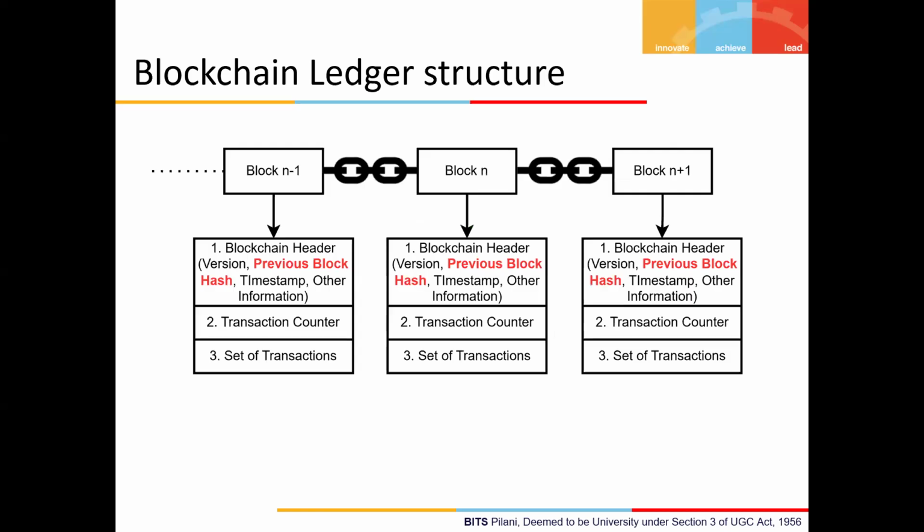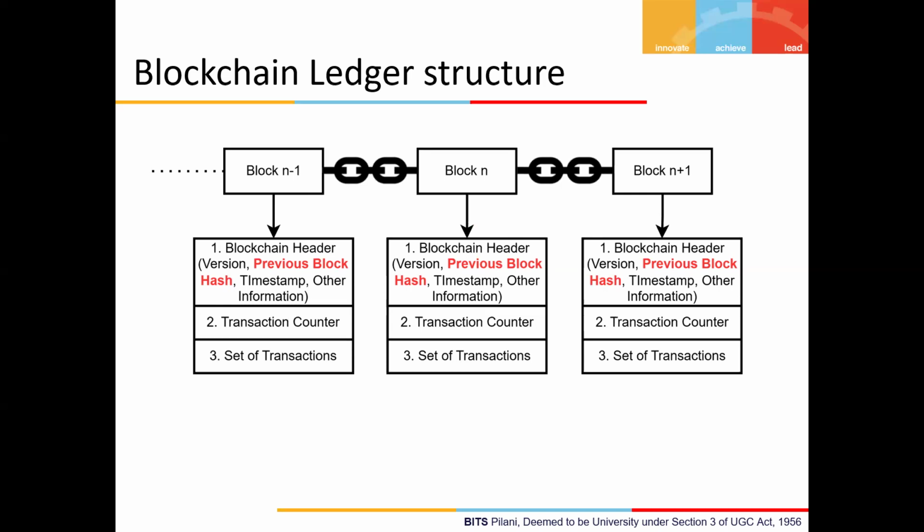So this is a ledger structure that we have. Ledger is nothing but multiple blocks connected to each other, and each block is nothing but a collection of transactions. Inside a block, we have the block header, which contains several fields like version, previous block hash, timestamp, and other information.